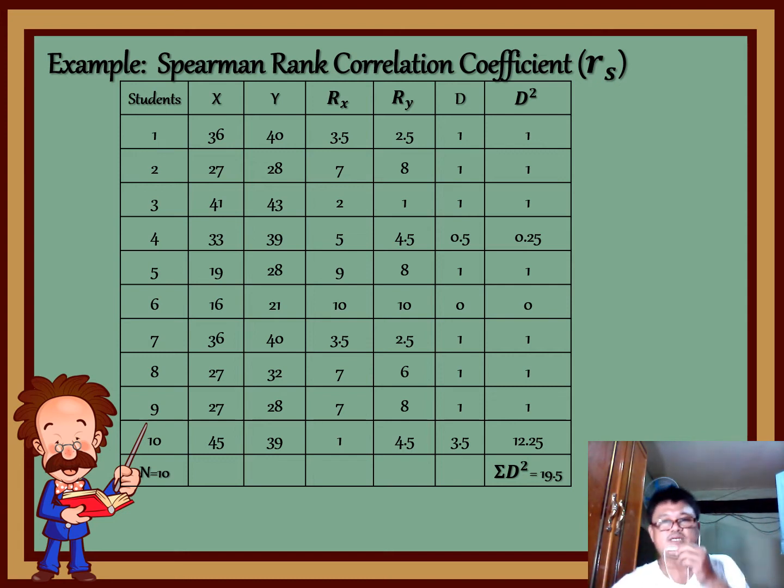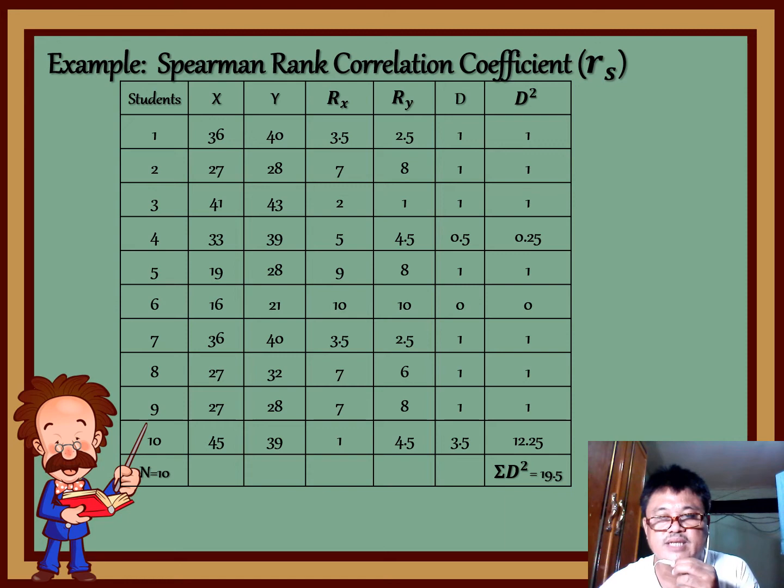Now, the next column is D. D stands for difference. So you're just going to subtract them and write the difference here. You can subtract either from left to right or right to left.